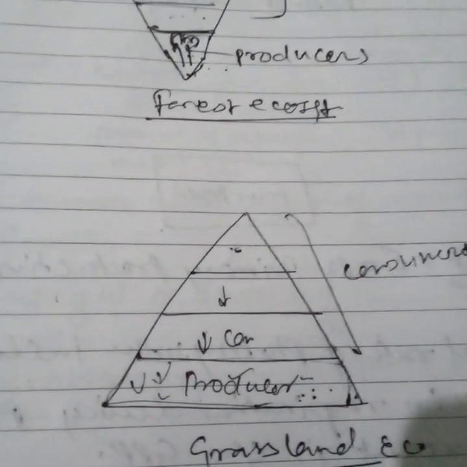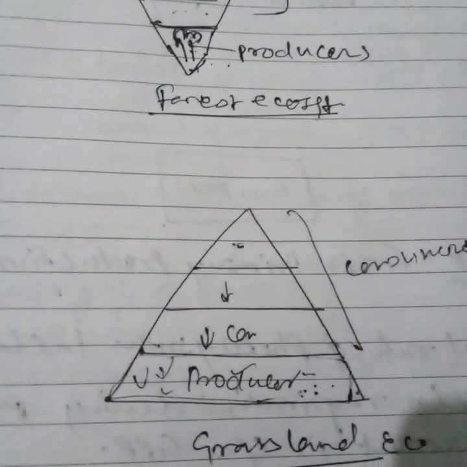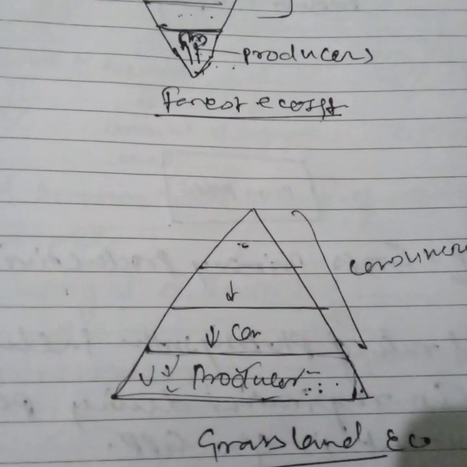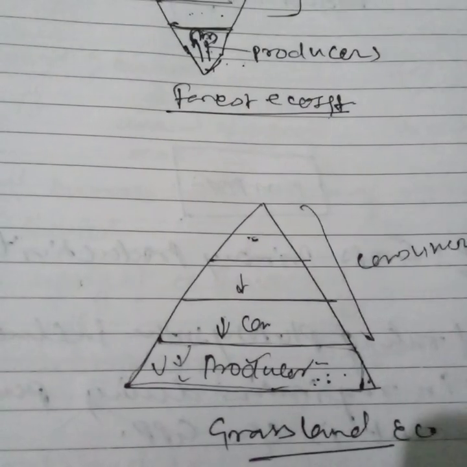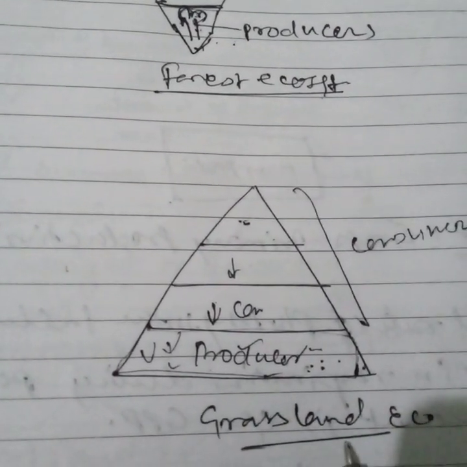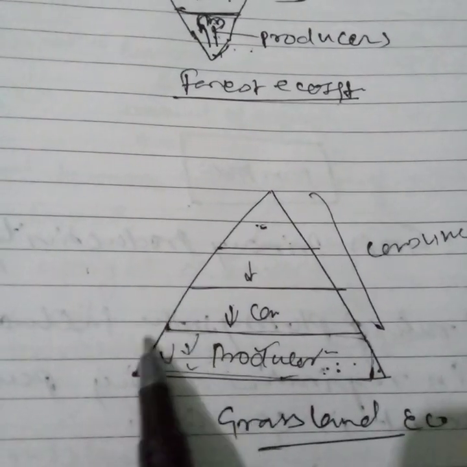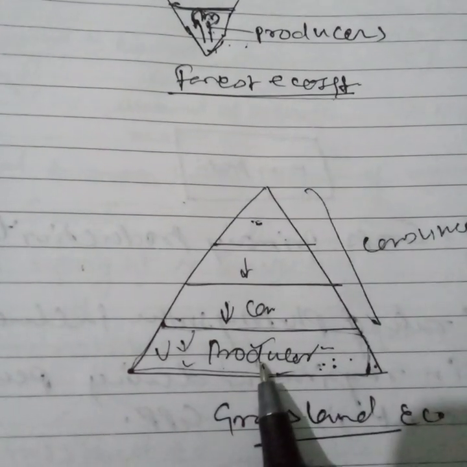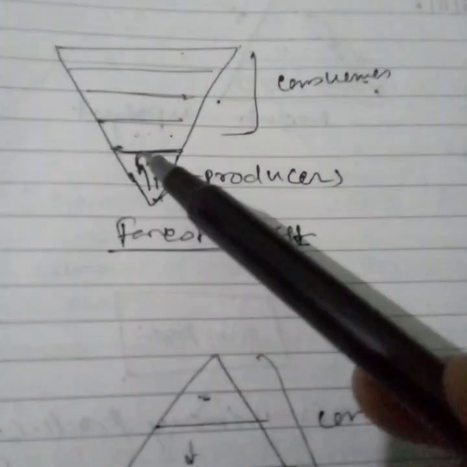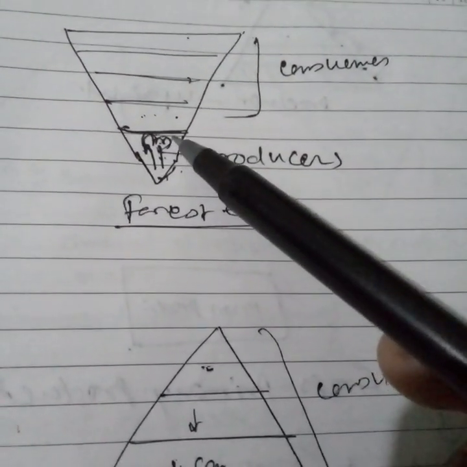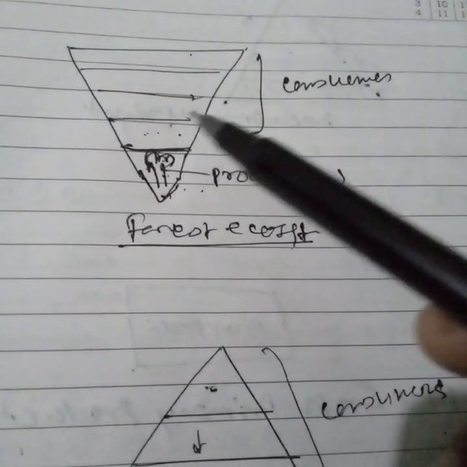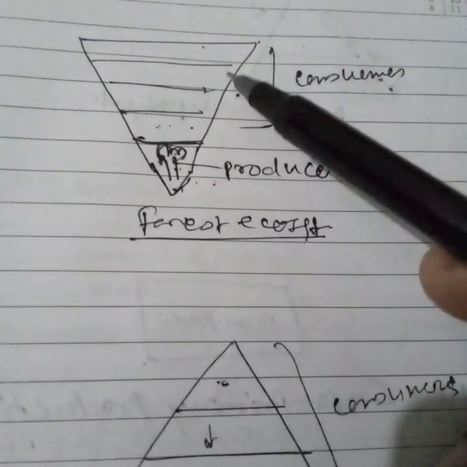Always remember that the length of the trophic level tells about the number, biomass, and energy content of all living organisms. So in the grassland ecosystem, the first trophic level of producers has more length, meaning more grasses are present in this area. But in the case of the forest ecosystem, there are fewer, large trees present and their number is very less. That's why the consumers' number increases as compared to the producers.